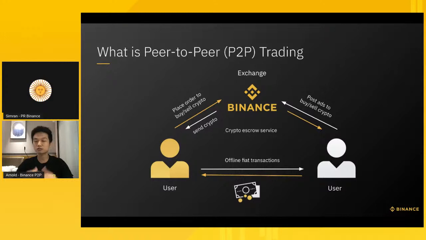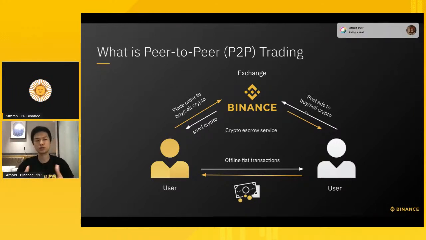So Binance has no visibility and no control over your real money, but we keep the virtual currency on the Binance platform, and not until we get a confirmation from both sides do we release the crypto to the buyer according to the original agreement that was set in the order.